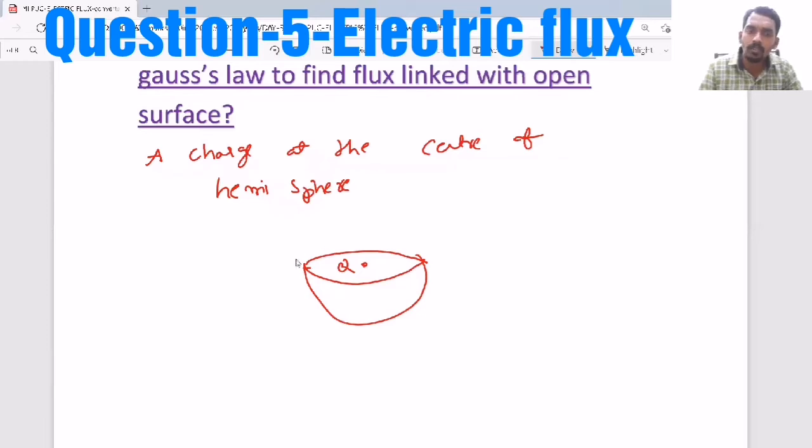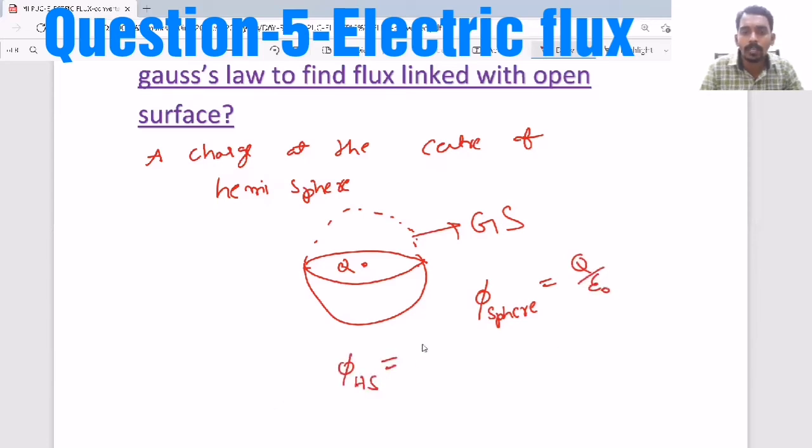Now you have to think on your own: if you imagine one more hemisphere, this is called the Gaussian surface, and then it is closed. Now the flux for the total sphere is Q by epsilon naught. For the hemisphere it will become Q by 2 epsilon naught, that is half, because half is for the upper hemisphere and half is for the lower hemisphere.